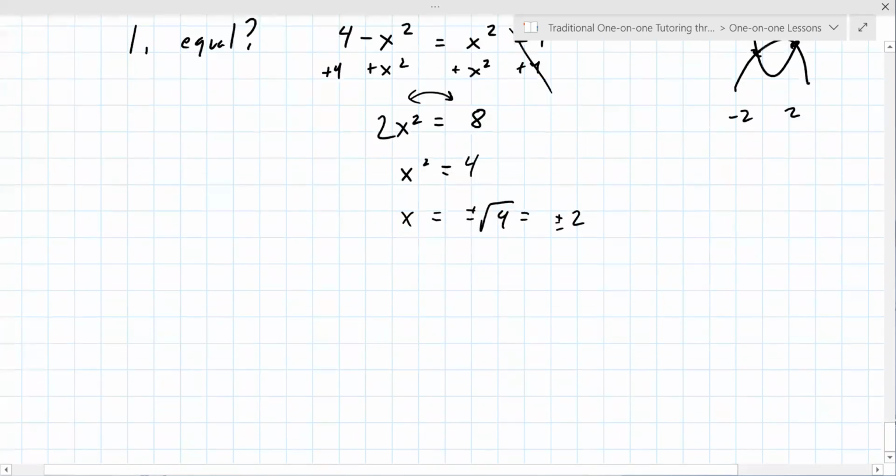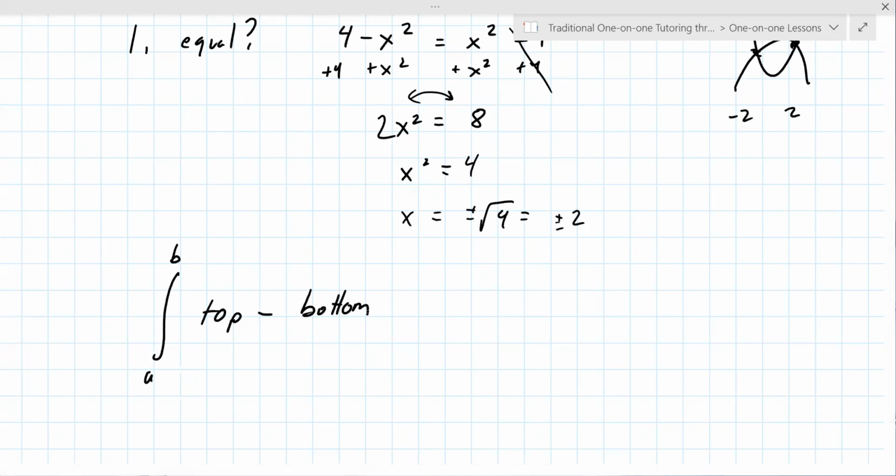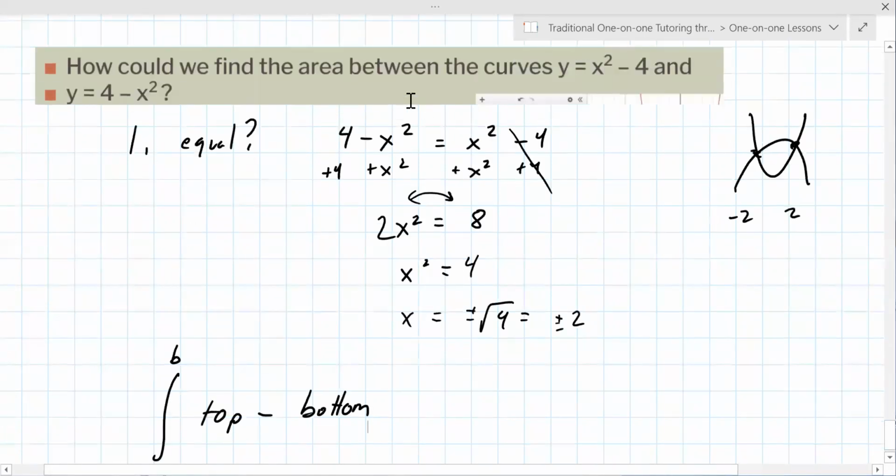Yep. And then more generally, you're doing the integral from a to b, top minus bottom. So you have to figure out which one is the top one and which one's the bottom one. To do that, there's a couple of ways you could work through that. One is to recognize that this one opens up, the x squared minus 4, and the other one opens down, which gives you a pretty good indicator.